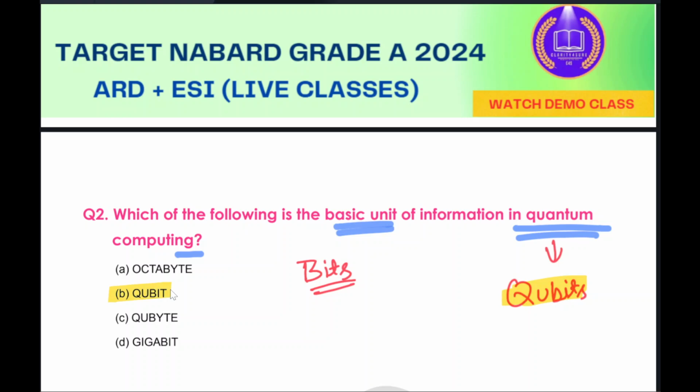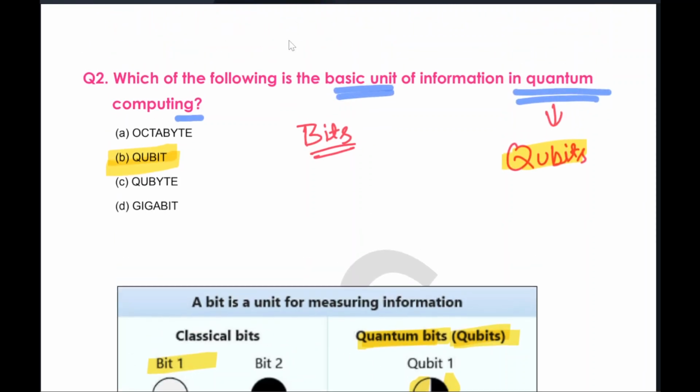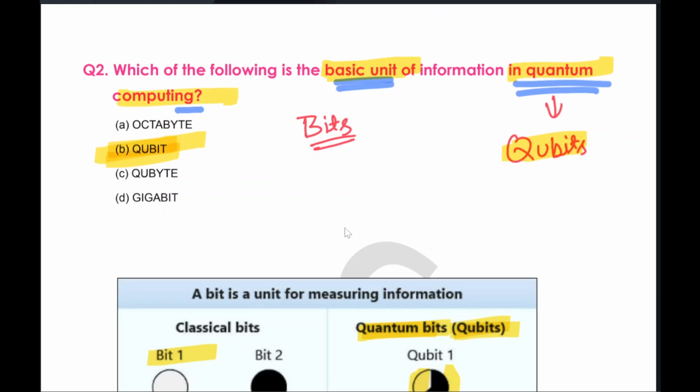So the answer must be qubit. A qubit can be, for example, 1 by 3 of 0 and 2 by 3 of 1. This is the basic unit of quantum computing.